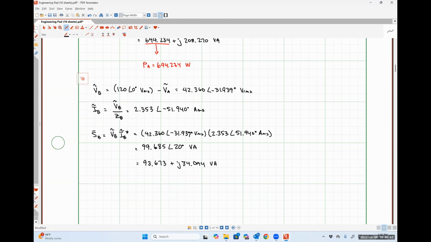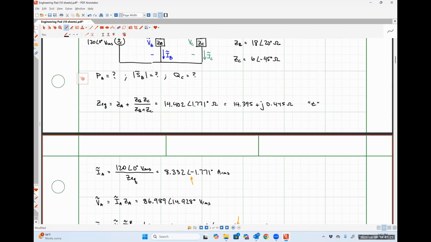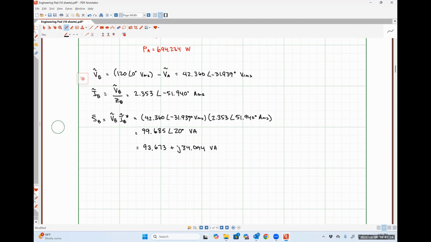So nobody's saying anything, but for what it's worth, that's a pretty good sanity check to make sure that you've done things correctly if you are given a quantity in polar form, because the angle of our complex power is theta v minus theta I, and that is the exact same thing as how we define the angle of our impedance Z, okay? So if you somehow got different angles for the impedance and the complex power, you must have made a mistake somewhere, okay?